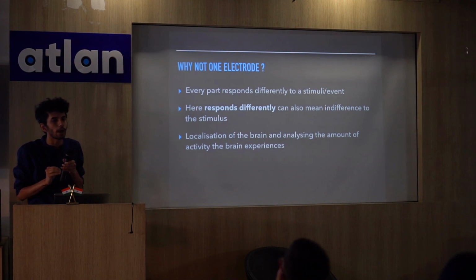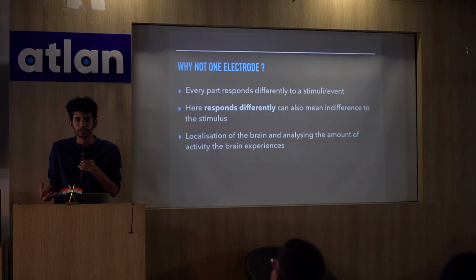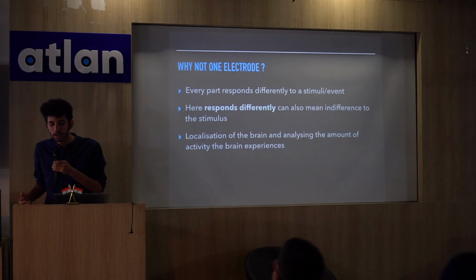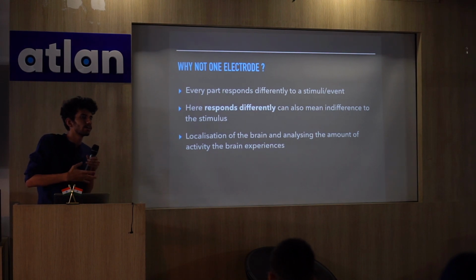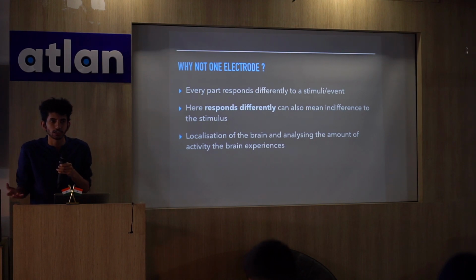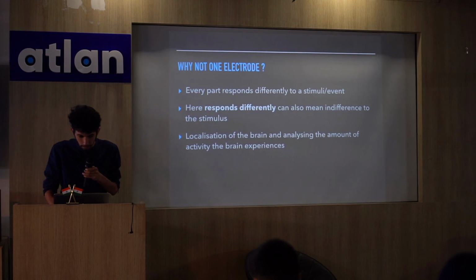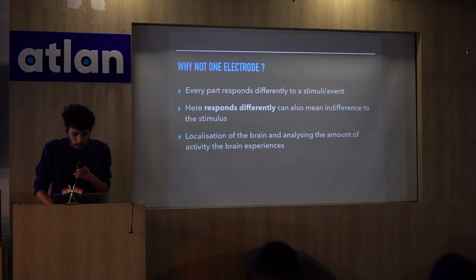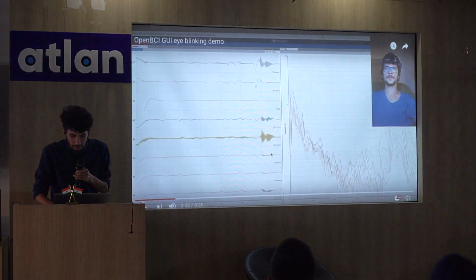We only want to capture the data connected with the visual cortex, which is responsible for our vision. Hence, we place electrodes at different positions to capture different data and different reactions of the brain to a similar stimulus. So, I'll show you an example here.